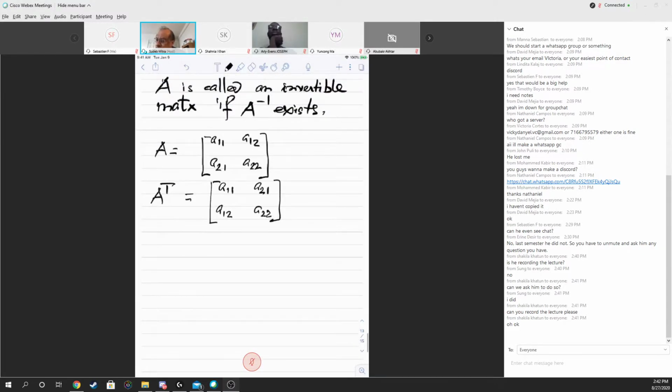So this is A transpose. A couple of very important laws for transpose. A plus B transpose, you can easily check this, is A transpose plus B transpose. A minus B transpose is A transpose minus B transpose.